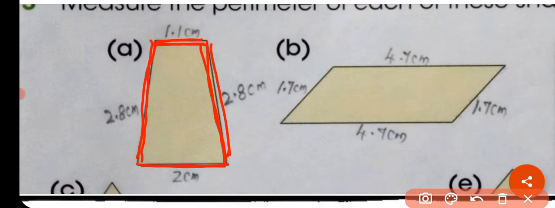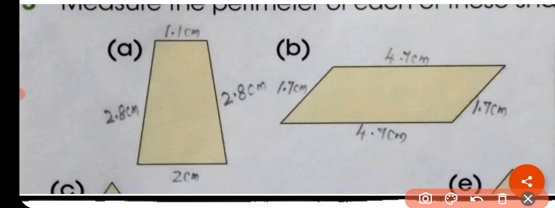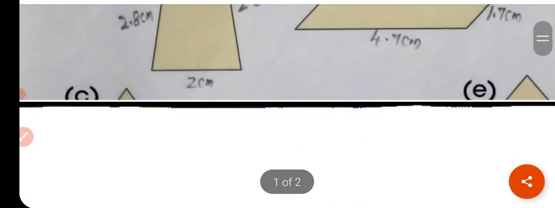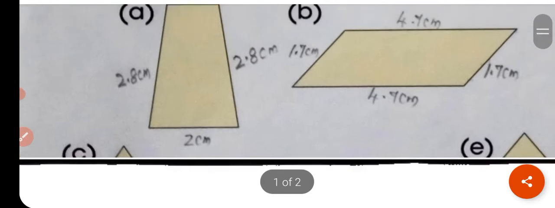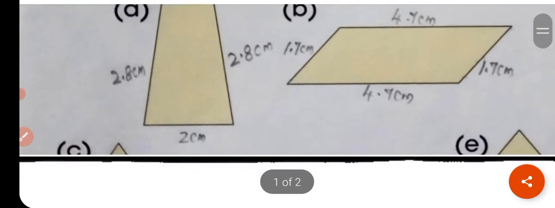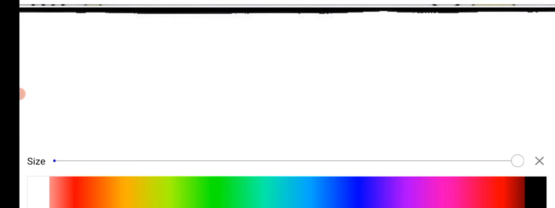Okay. So children, the sides are 1.1 centimeter, 2.8 centimeter, 2 centimeter and 2.8 centimeter.